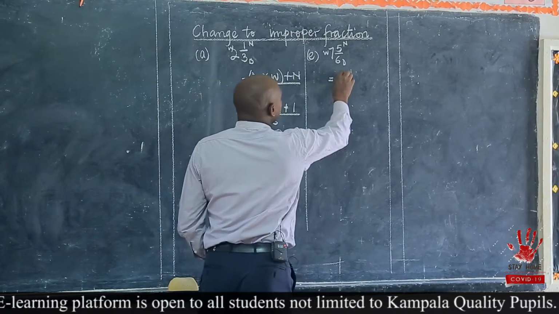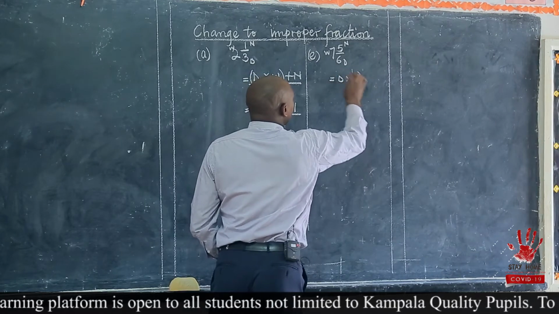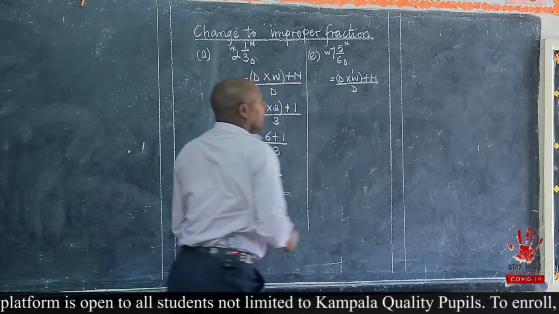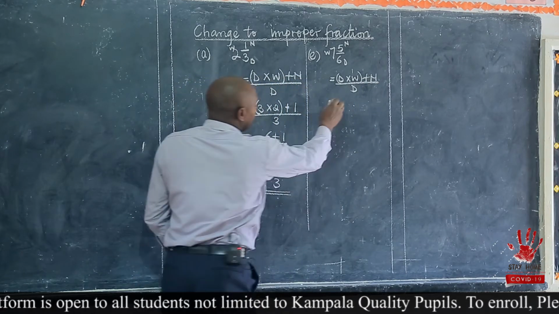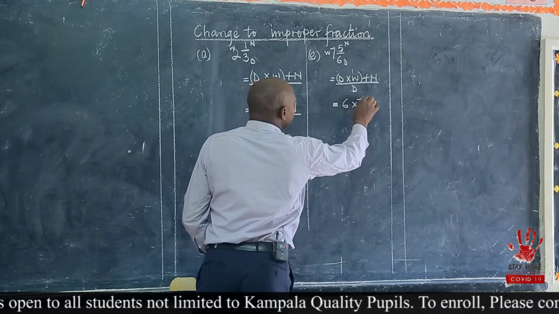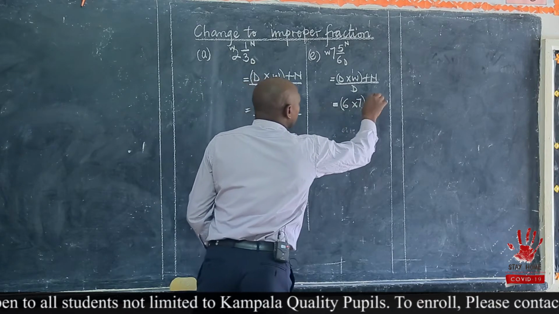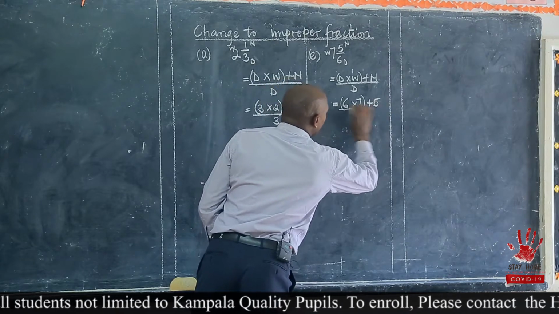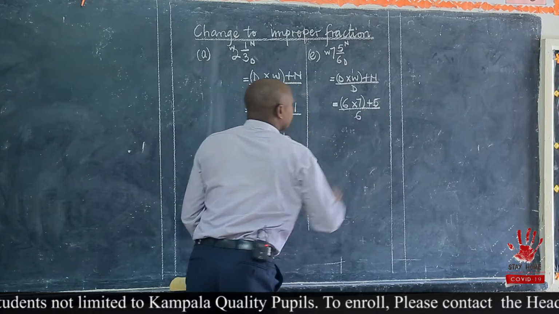So we say it is the denominator times the whole number, then plus the numerator, out of that denominator. In this case, our denominator is 6, our whole number is 7, plus our numerator, which is 5, out of the denominator, which is 6.